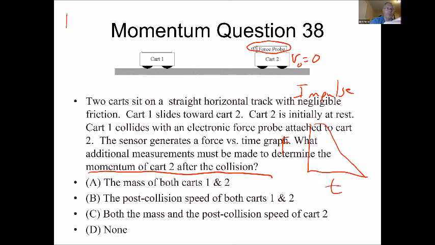Well, we know that impulse is equal to change in momentum, or we could write it this way: final momentum minus initial momentum. We're only thinking about cart 2 for right now because the question's asking just about cart 2. So the force sensor and time, that's going to give us the impulse that acted on cart 2.